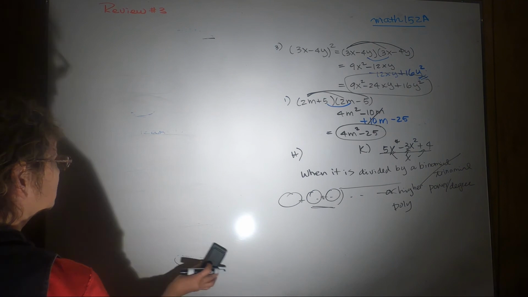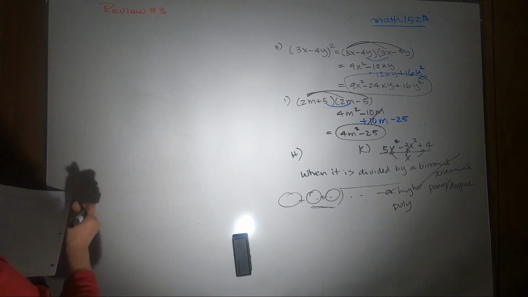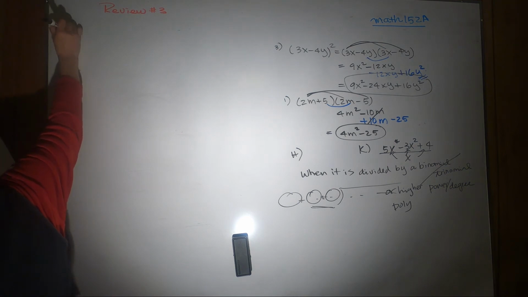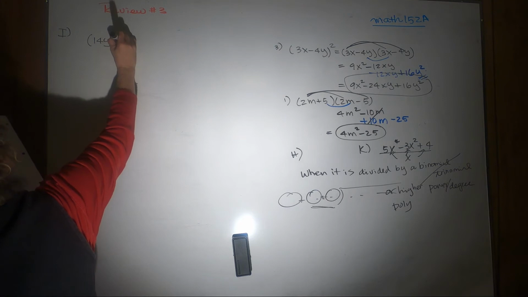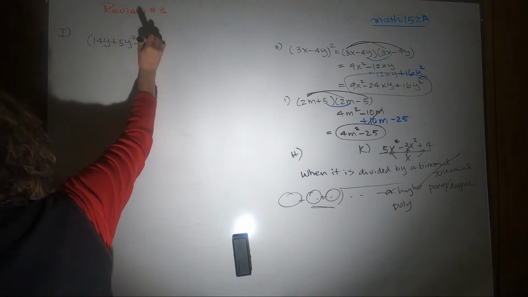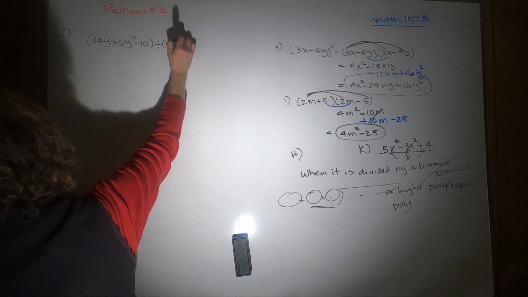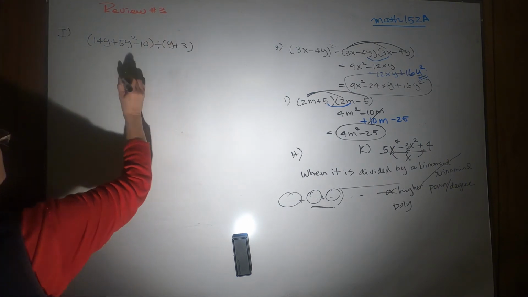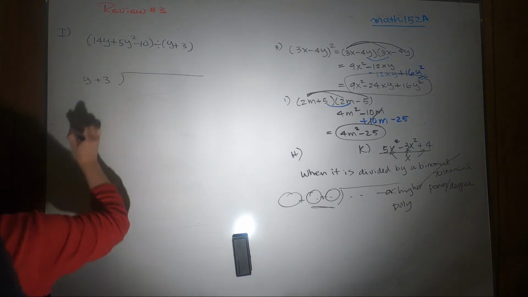Right? Okay, let's review some division. So, if we have this one, 14y plus 5y squared minus 10 divided by y plus 3, right? So we say we want to write it this way, y plus 3, long division.